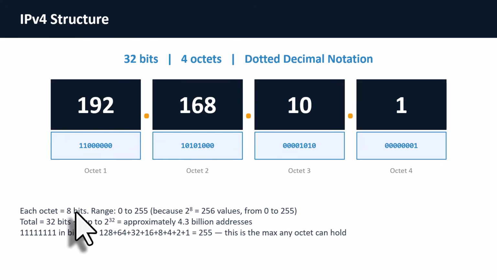So when you add 8 plus 8, 16 plus 8, 24 plus 8, you get a total of 32 bits in length. So an IP address can either be written in binary or in decimal, like you can see up there. So we can convert this binary to 255, and you can see that scale.